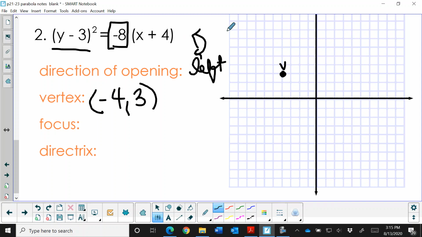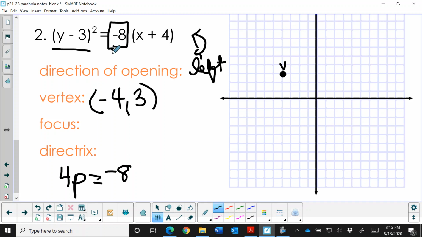Okay, now we know we're going to go to the left and to the right this time instead of going up and down. We're going to go left and right for the focus and the directrix. Well, whichever way it faces is where we count our focus. So how far do we count? Well, let's take our 4p from our equation and set it equal to -8.